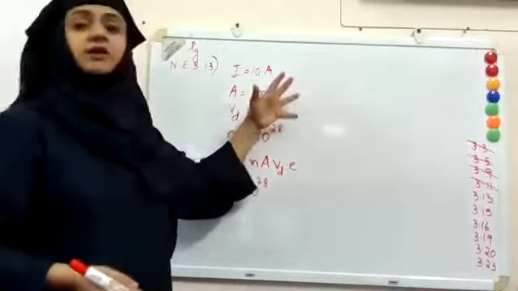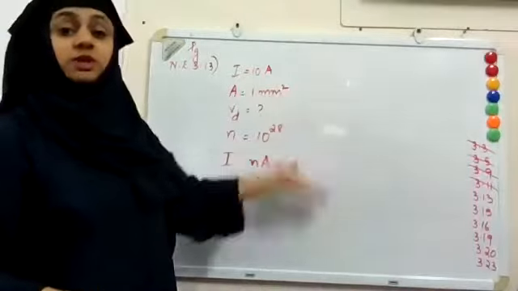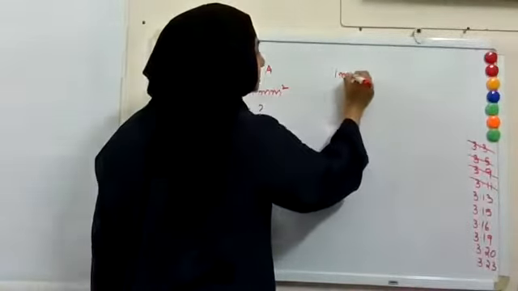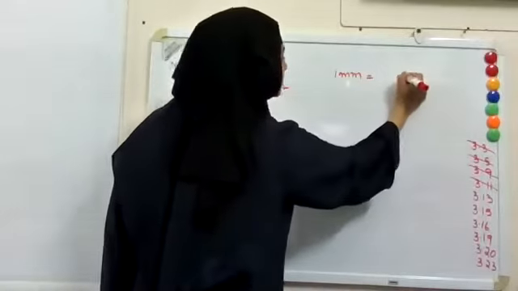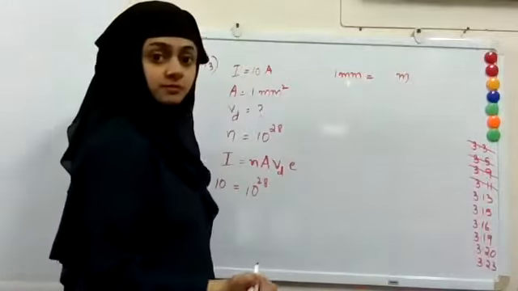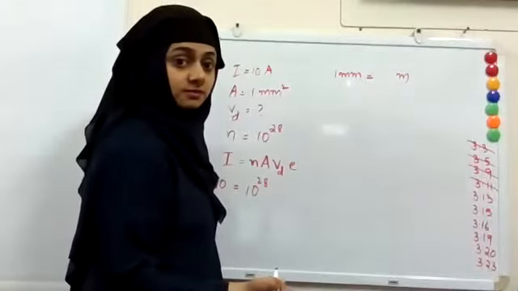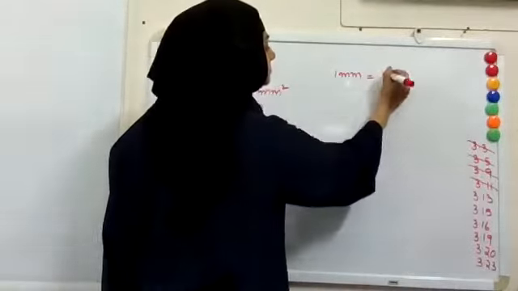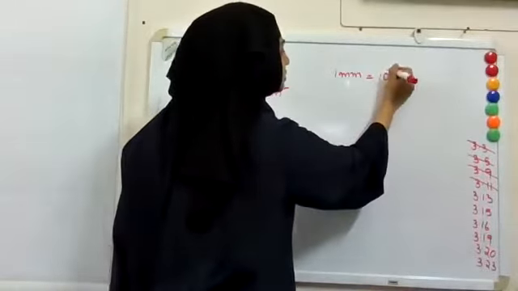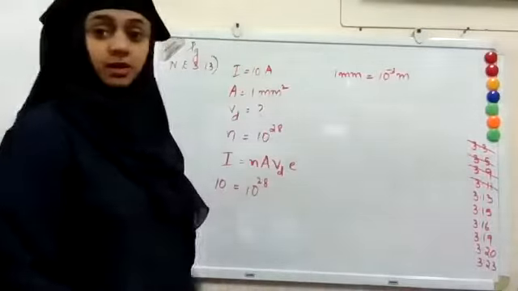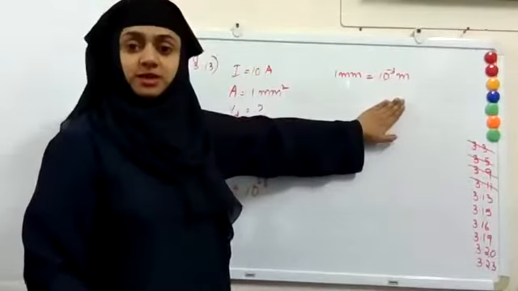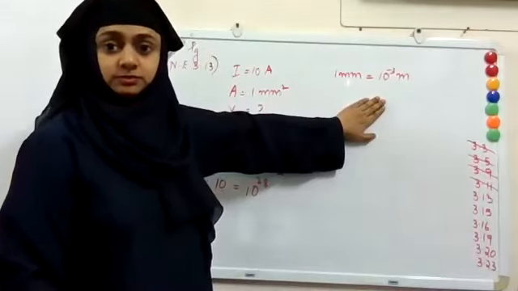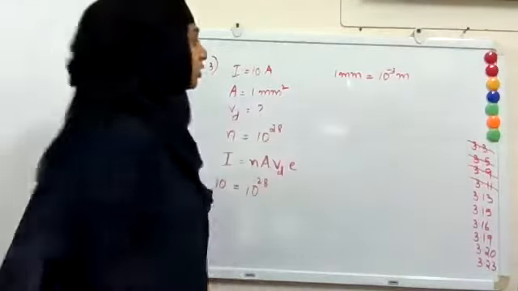So some students have a confusion about how to convert millimeter square to meter square. You know what, 1 millimeter is equal to how much in meters? 10 raised to minus 3 meter. 1 millimeter is 10 raised to minus 3 meter. You have no doubt about it, right? Yes. Okay.